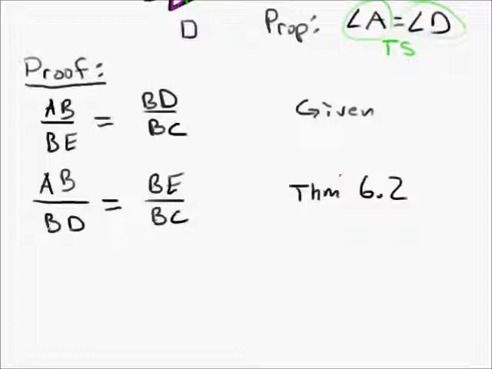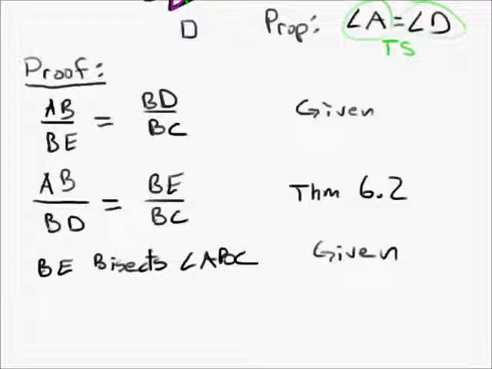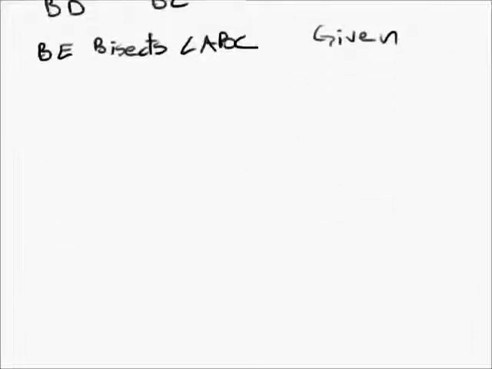Next, recall that we had BE bisecting ABC. And that means that we've got some angle congruencies, namely angle ABE is going to be congruent to angle CBD.